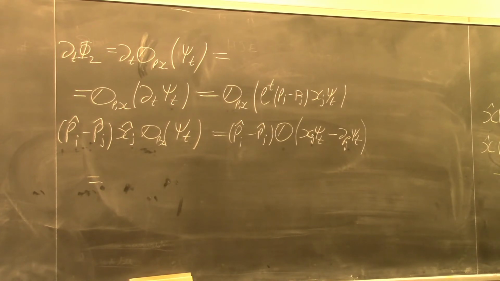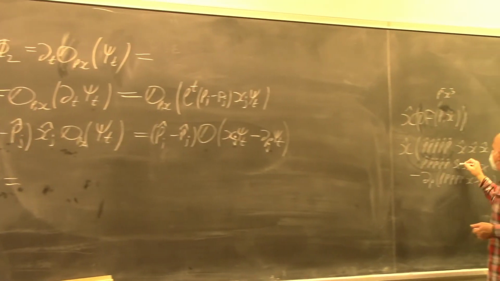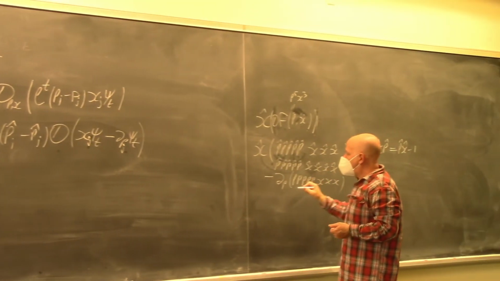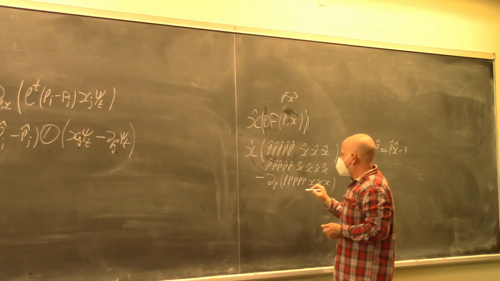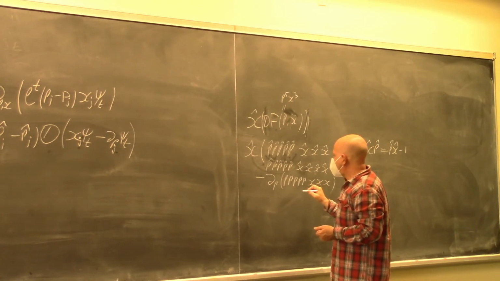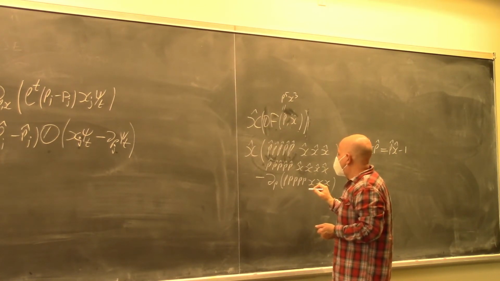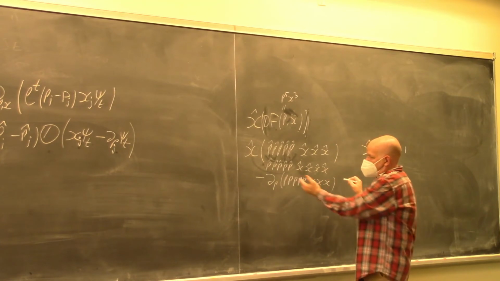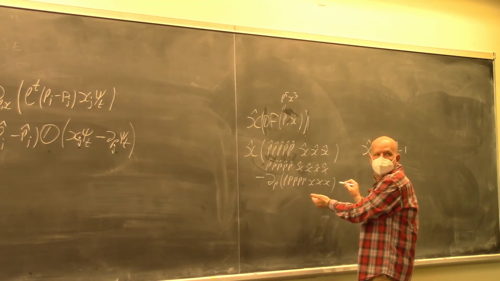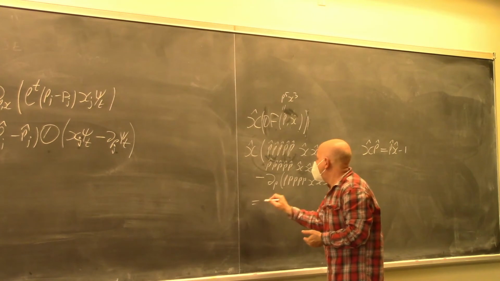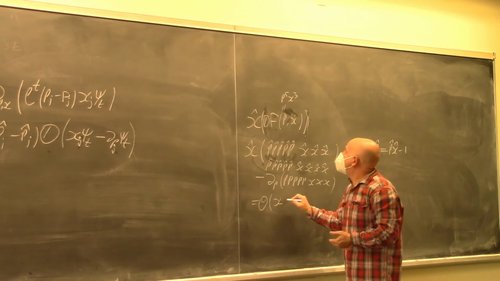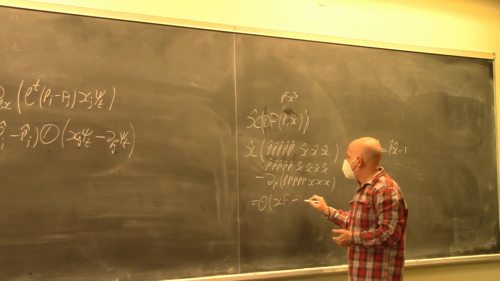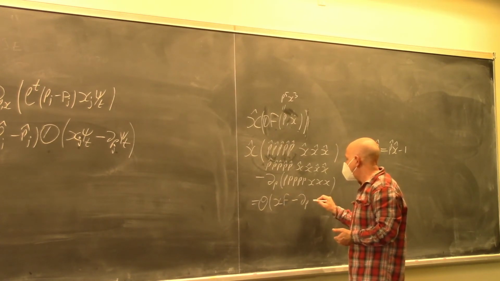Here you have hats everywhere. But now this is an ordered expression. So this is really O of x times f minus the derivative with respect to p of f.